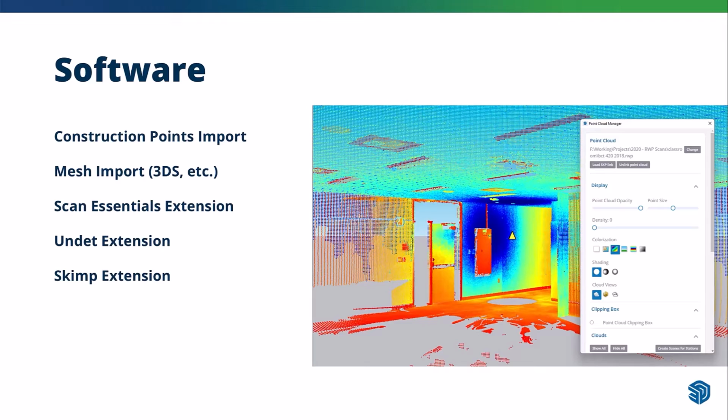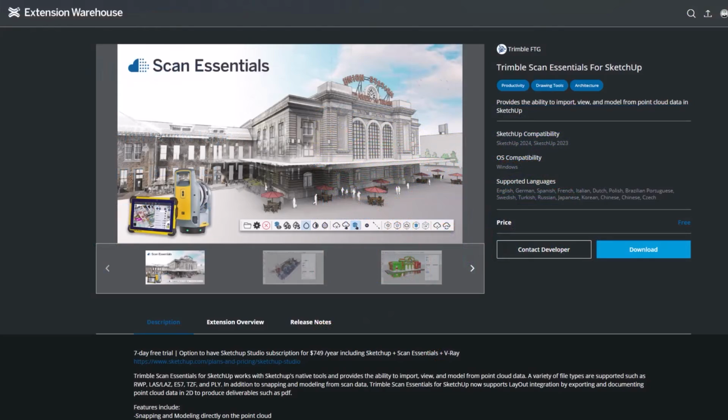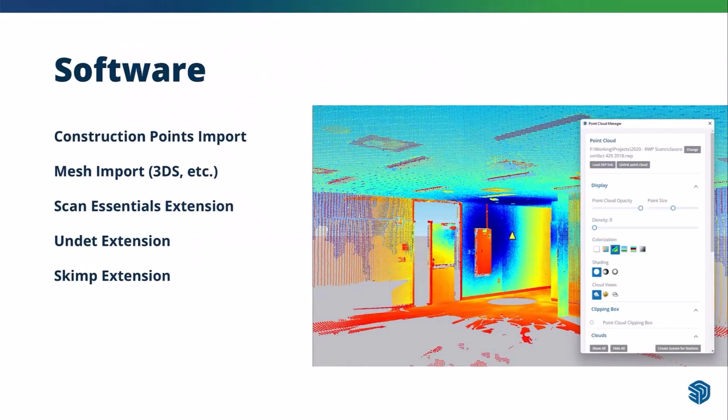Then when it comes to point clouds, Scan Essentials is an extension that's available now, and it works really well, and I'll show you that in a second. That comes, as far as I understand it, with the subscription for SketchUp Pro, and you may want to double check whether it's already part of your subscription, but one caveat there is that it only works in Windows.